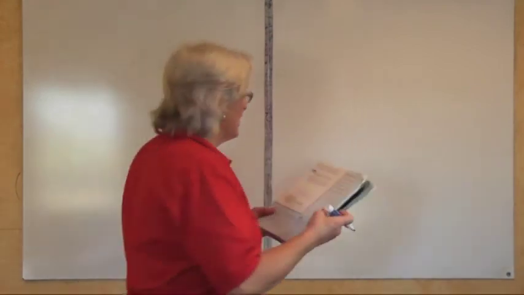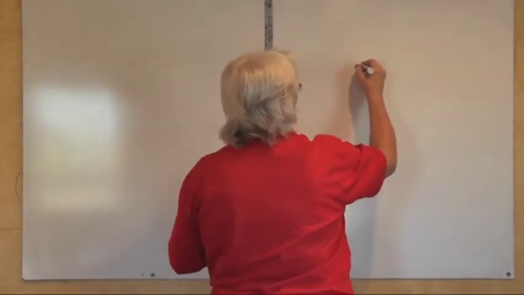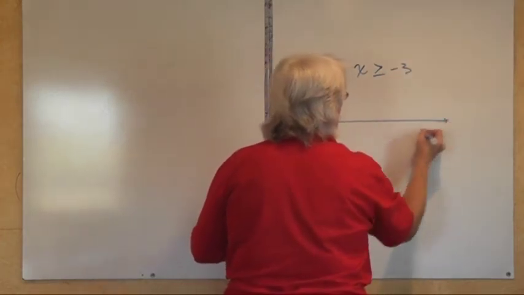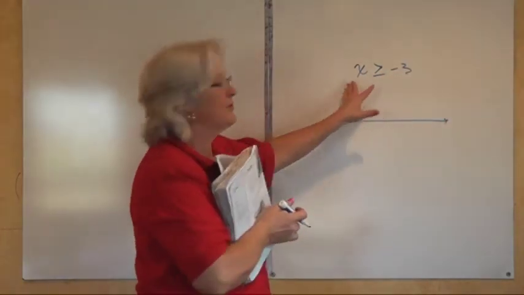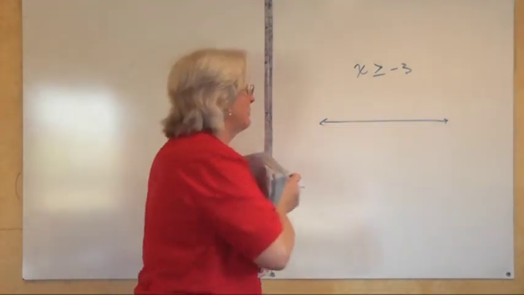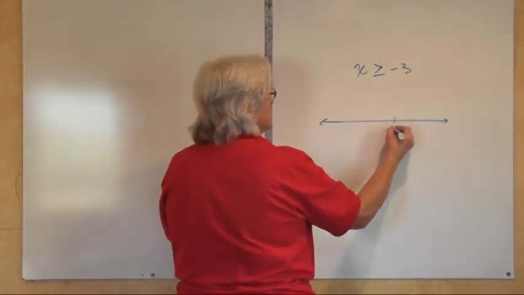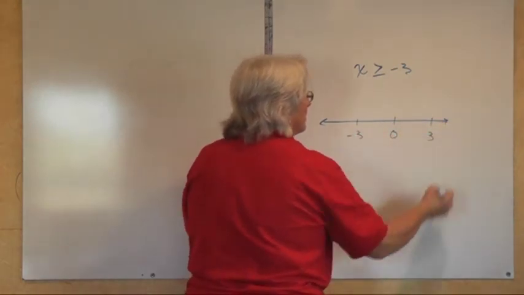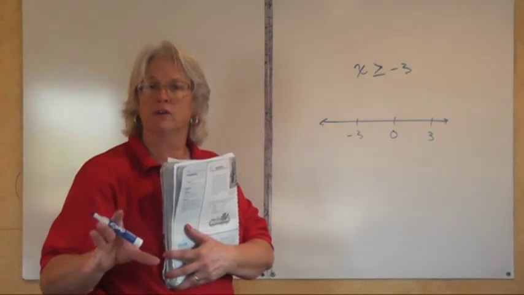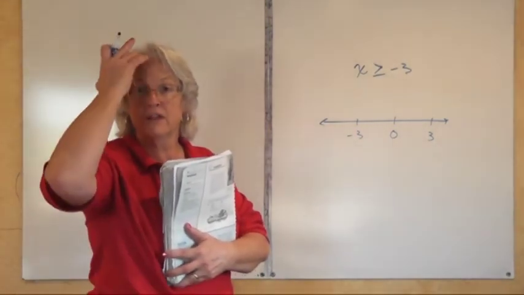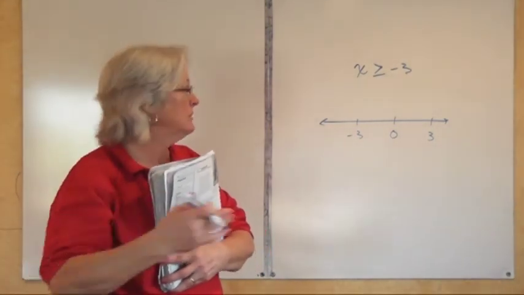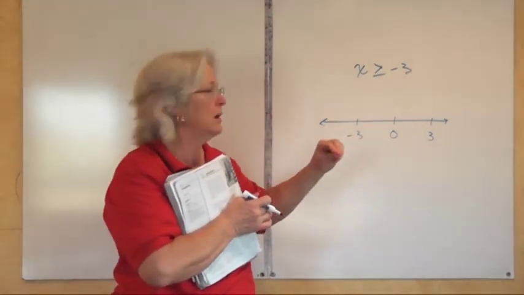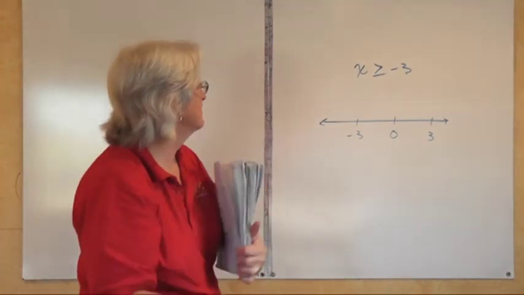Example number 1 says graph x greater than or equal to negative 3. So we're going to graph it on the number line. We're referencing x around negative 3. So we can show 0, negative 3, and a positive 3. Do you have to use exactly the same numbers that I do when you're graphing? No, but as you watch me, you'll learn to see sort of a shorthand way of writing these numbers.